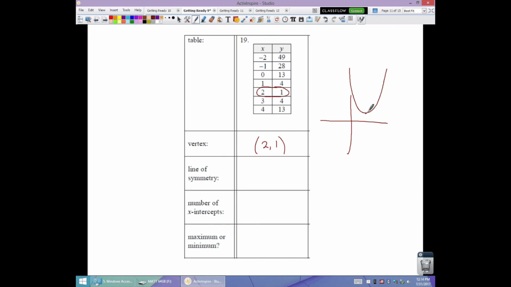This is 2, 1, and the values around it are increasing on each side. So the line of symmetry is x equals the x-coordinate, 2. It would not have any x-intercepts because, as you can see, the lowest it ever hits is positive 1, and everything else is above that. This one, again, is a minimum because it's open up.